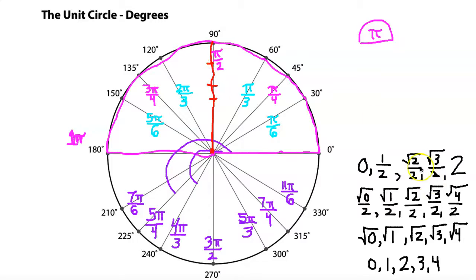And then this is not supposed to be a 2. This is supposed to be a 1. So if you were questioning my math, thank you. That's a 1. Then the next highest is 1. Okay? So you have on your y-axis 1, root 3 over 2, root 2 over 2, and 1/2.